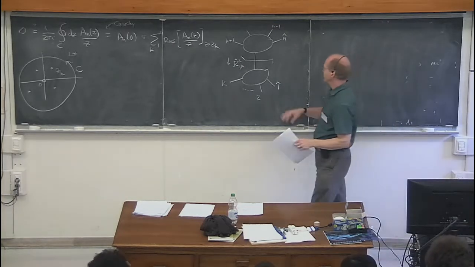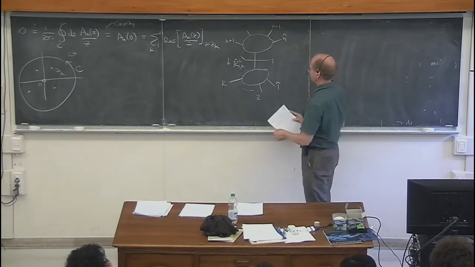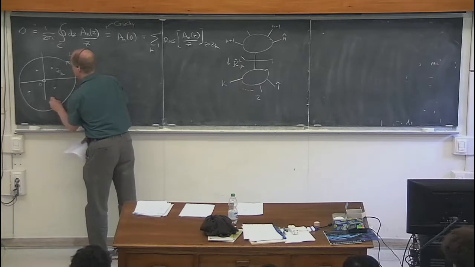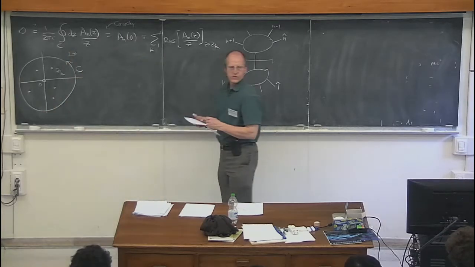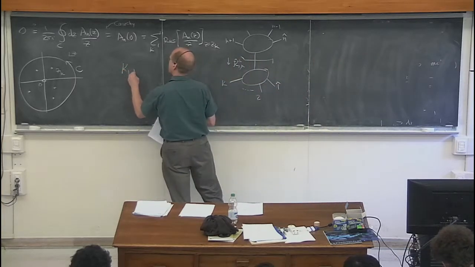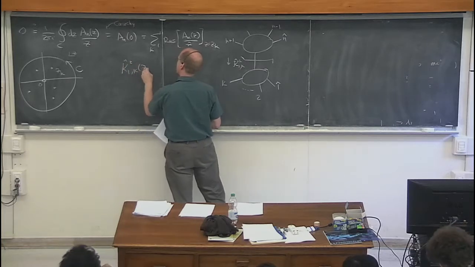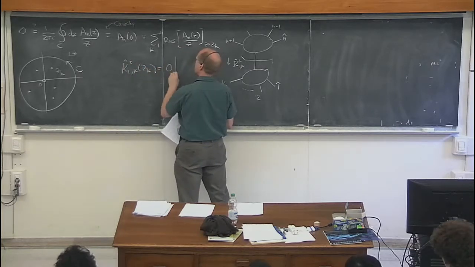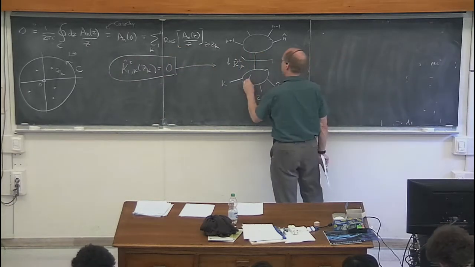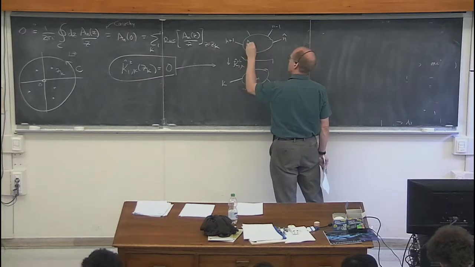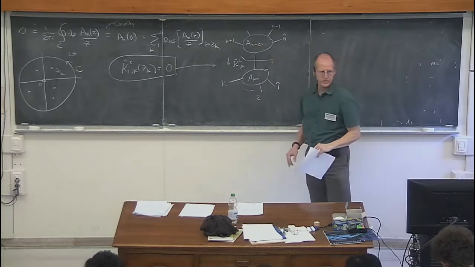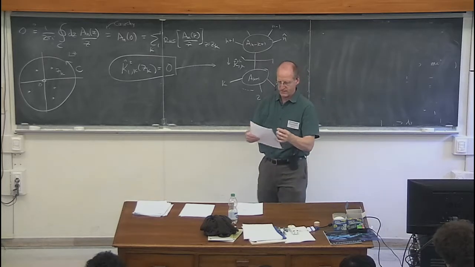I drew the factorization channel vertically instead, but the idea is that as you explore in the z-plane, you can find a number of factorization channels where K_{1k} squared as a function of z, when you set z equal to z_k, is equal to 0. And that is what we're going to use to do the factorization and write the residue in terms of products of lower point amplitudes shifted to complex momenta.